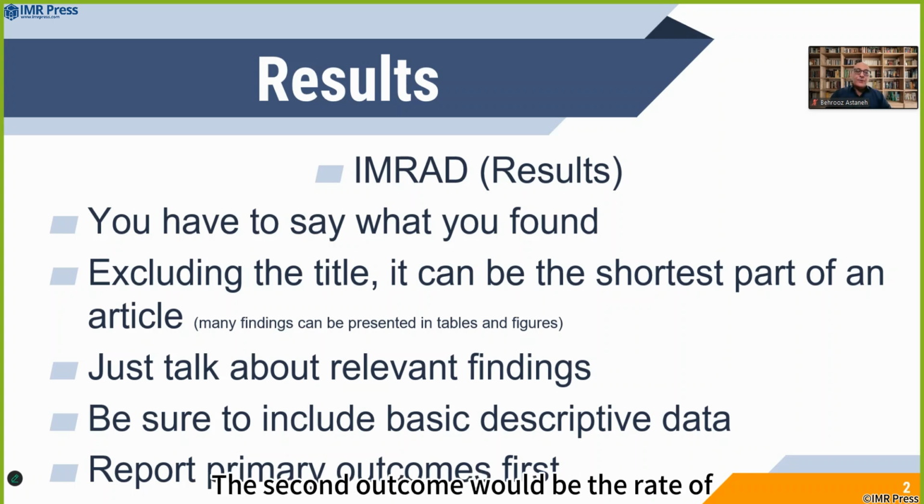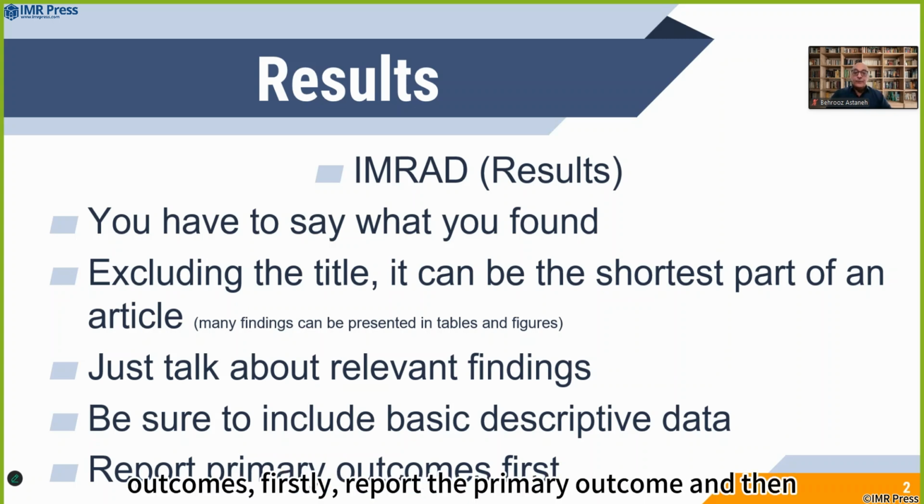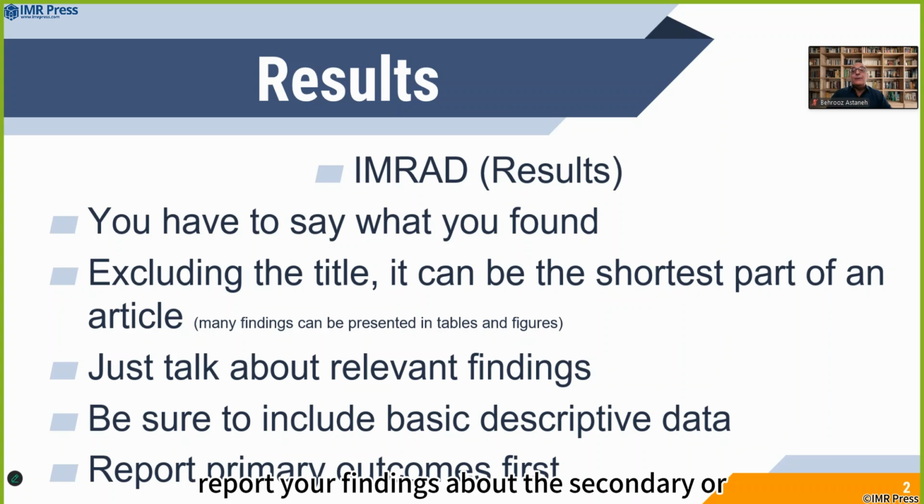The second outcome would be the rate of renal failure, for example, in both groups. When you are going to report about these outcomes, firstly, report the primary outcome and then report your findings about the secondary or tertiary outcomes.